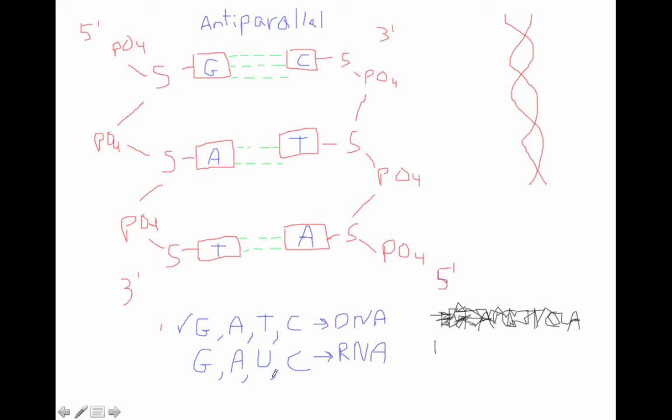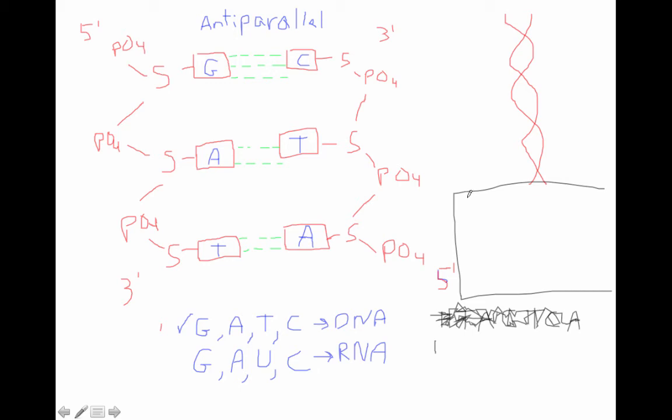Okay, now I want to come back to these bases, because in your note-taking guide it asks you to tell me which ones are purines and which ones are pyrimidines. And so I think what we're going to do is, why don't we just make a little box here. And you can draw it somewhere on your paper as well. Don't worry about this scratch off here. Made a slight error. So we have pyrimidines.